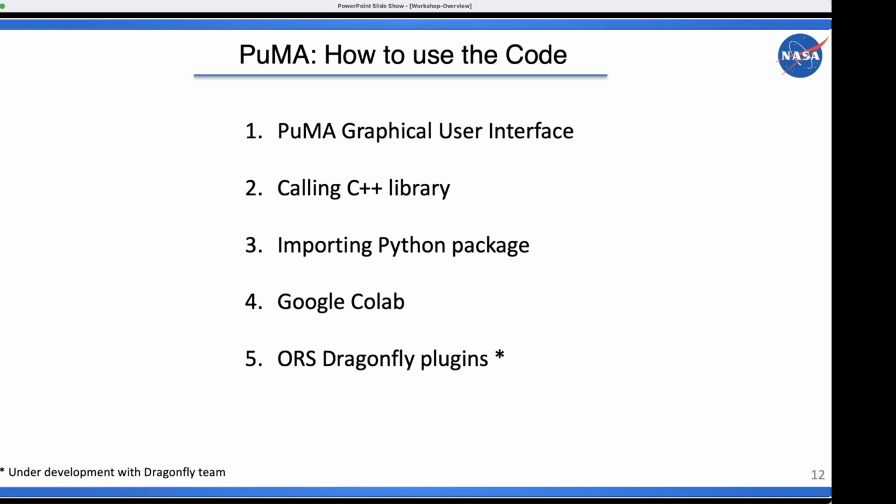So for some of you, that might prove to be a really nice workflow if you're using Dragonfly to do some of your segmentation and processing. You can do their deep learning segmentation and then just go right into material properties using their GUI that then calls the PuMA software.